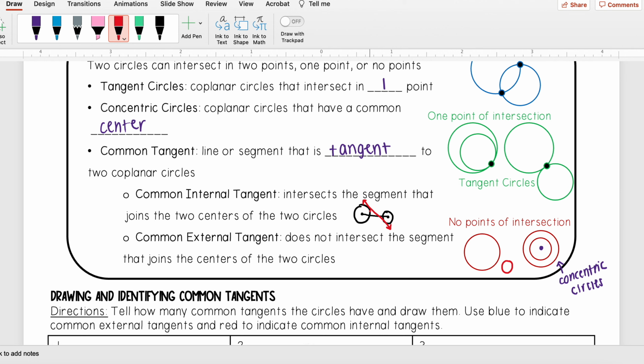I see that this line is tangent to both of these circles. However, it is crossing that segment that's connecting the two centers. An example of a common external tangent, on the other hand, I'm going to connect my centers. An external one is tangent to both circles, however, it is not intersecting that segment that's connecting my centers.